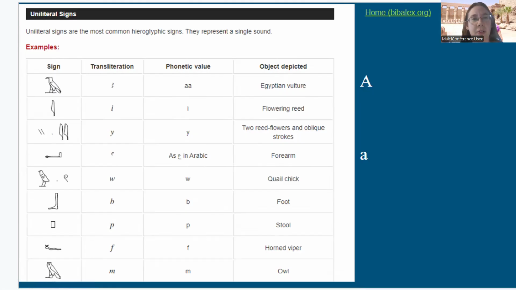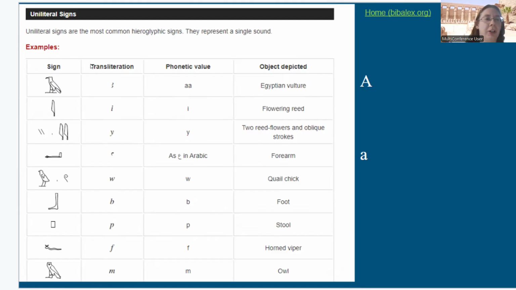The transliteration is more the part that's like our modern day alphabet. The phonetic value is how we think it sounded, with a little bit of our modern day alphabet elements mixed in.